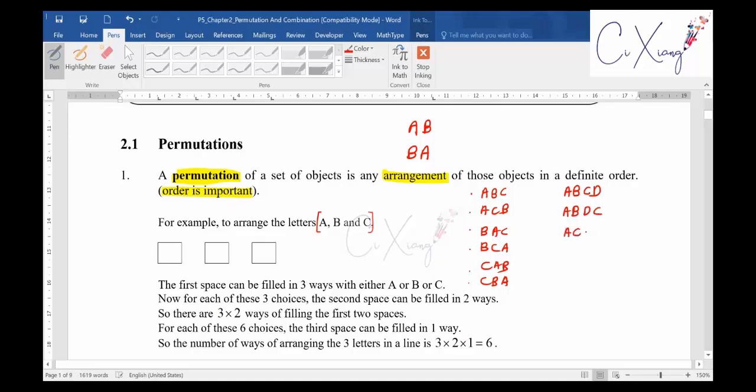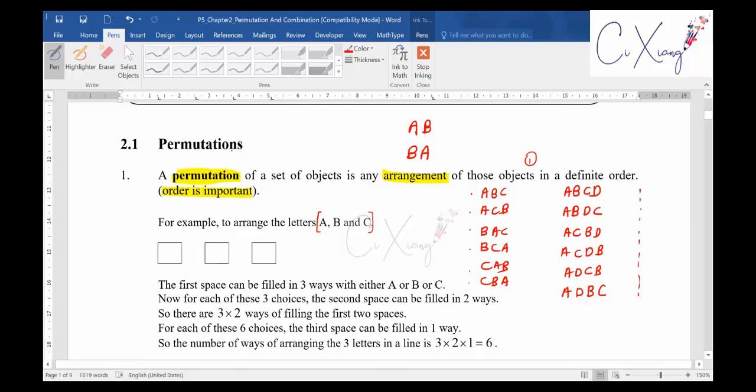If you try to arrange them, you will see that there are a lot, and it is very time consuming. Here I just listed out 6 of them. Actually, in total, there are 24 of them. So if I want to list out everything, it will be very time consuming. Therefore, this is not a practical way to get the permutation value for certain objects. So the first method, listing out all the arrangements, is not practical at all.